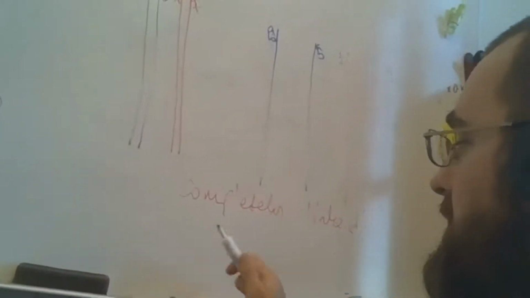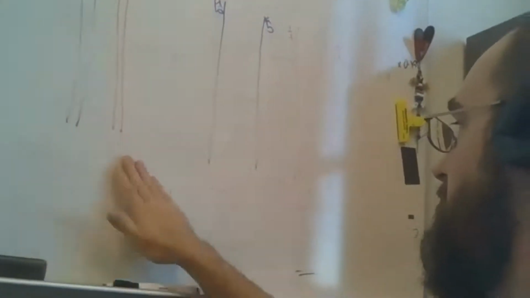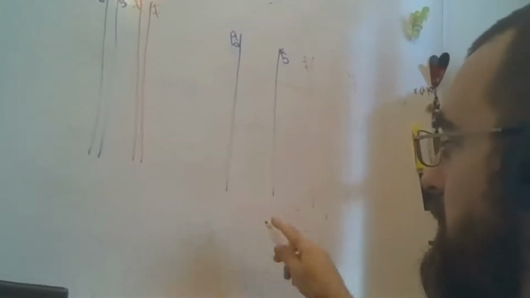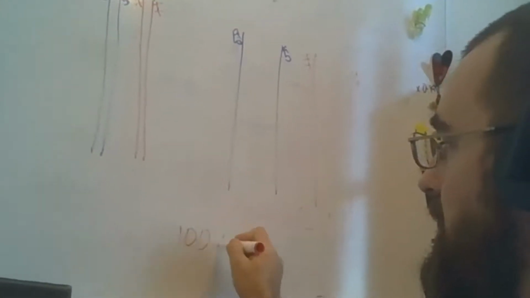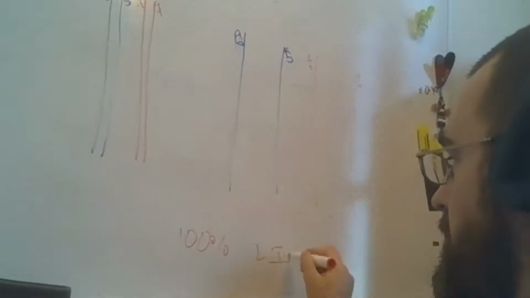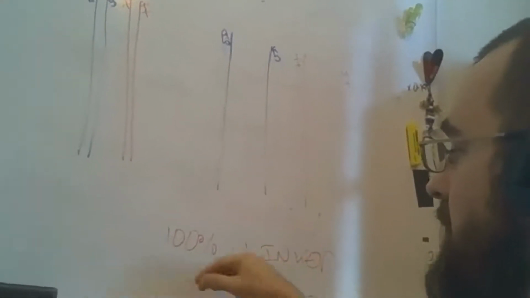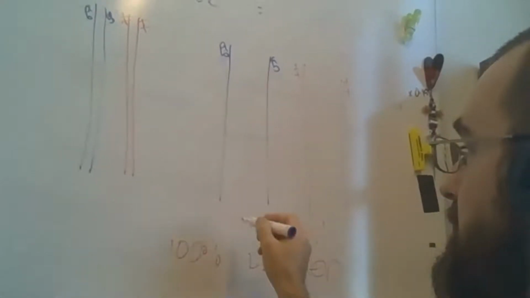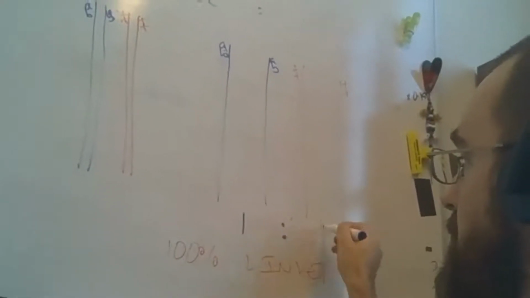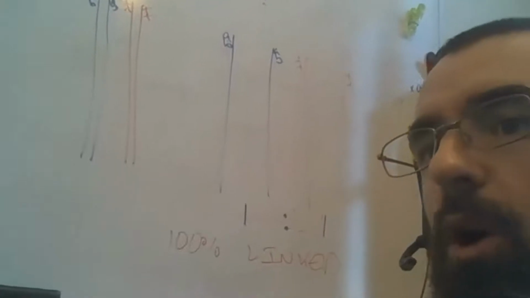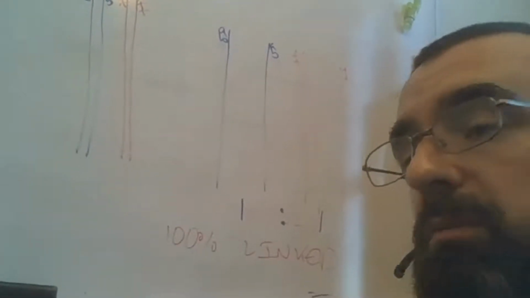Now, what you'll get here, let's move that down a little bit. I should put 100% linked, right? Now you have essentially a 1:1 ratio of parental to parental.